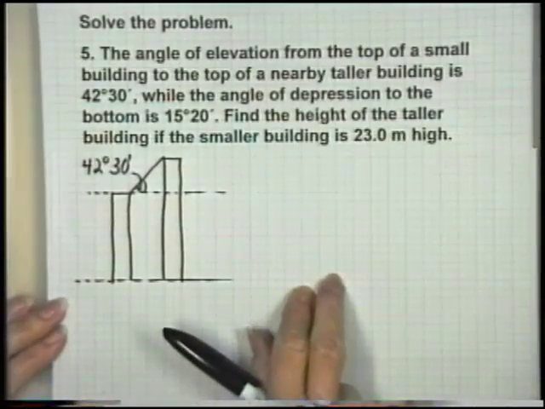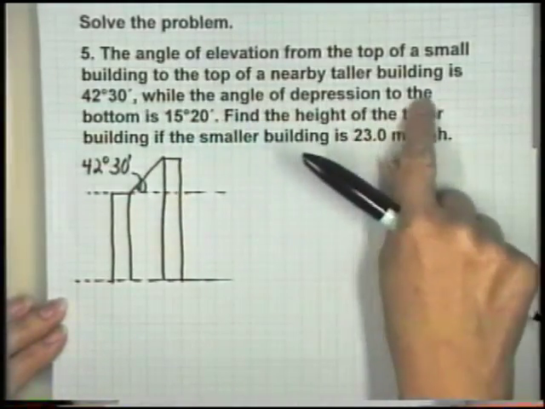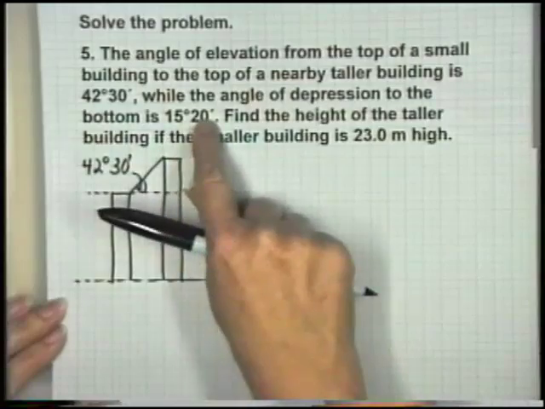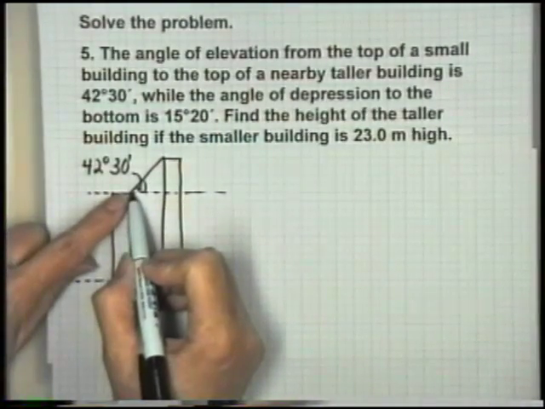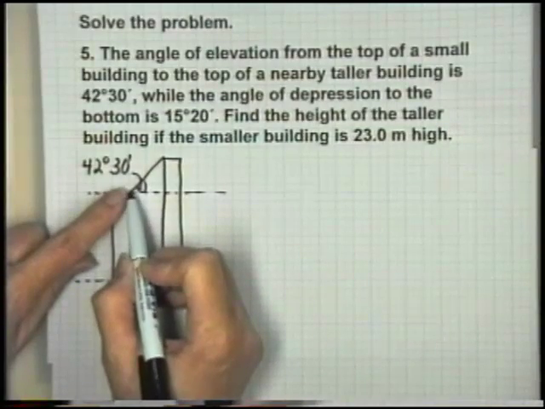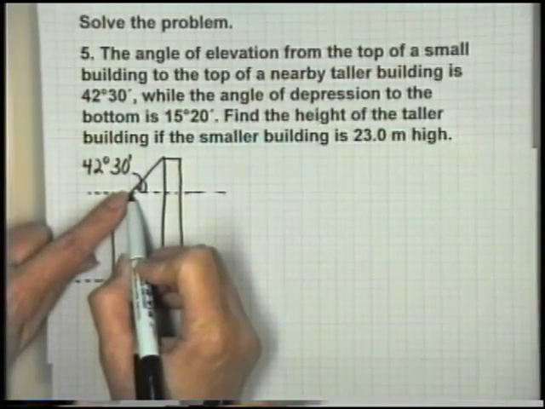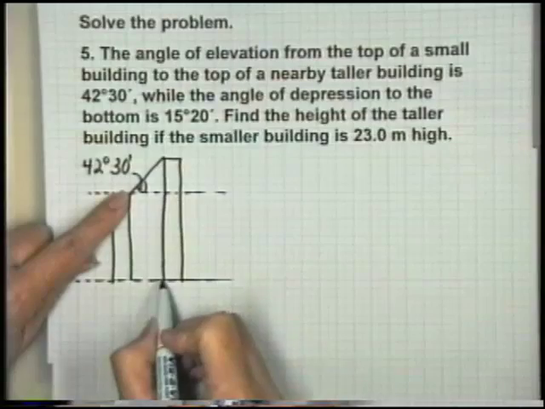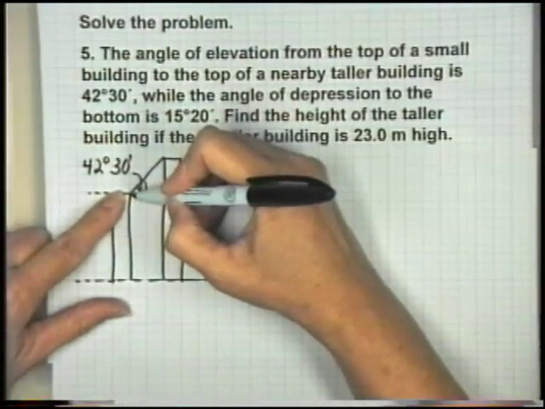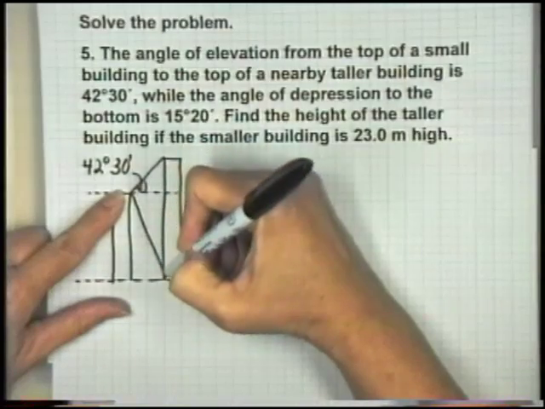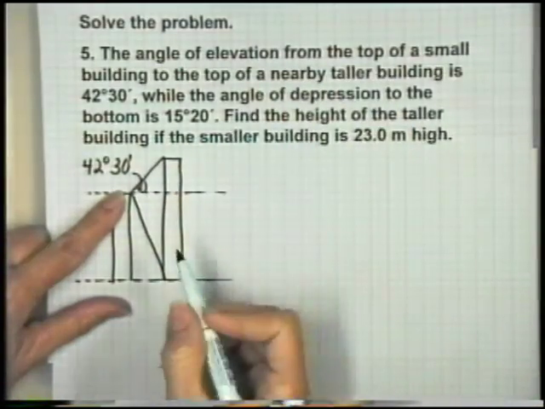Now let's see where this 15 degree 20 minute angle is, while the angle of depression to the bottom is 15 degrees 20 minutes. Well, that means the angle of depression from the point at the top of the smaller building to this point at the bottom of the taller building. And so let's draw the line that connects them.